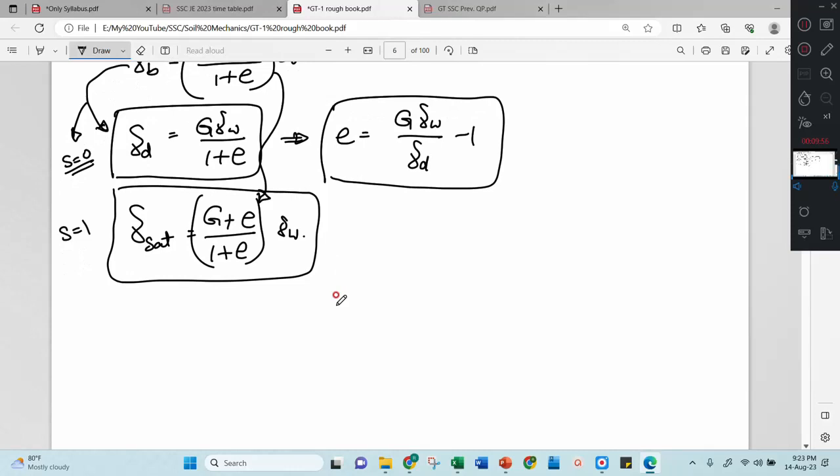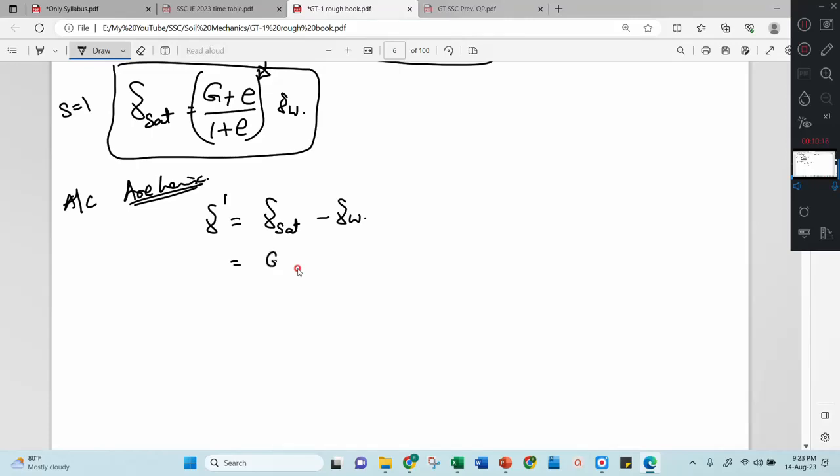Now, according to Archimedes principle, we have gamma dash equal to gamma sat minus gamma W. Here gamma sat means (G plus E) divided by (1 plus E) into gamma W, minus gamma W. Take gamma W common and simplify this equation.